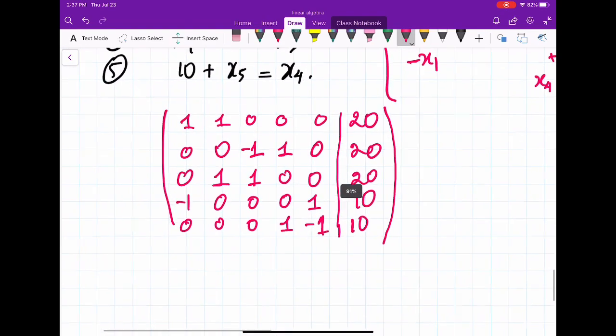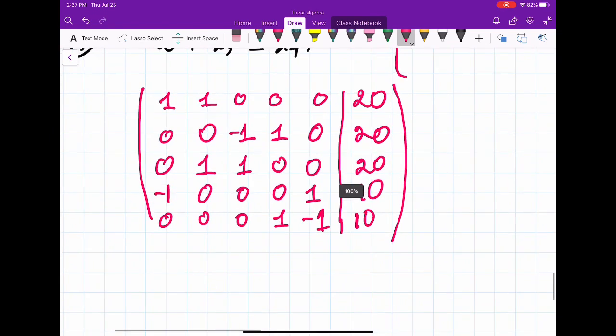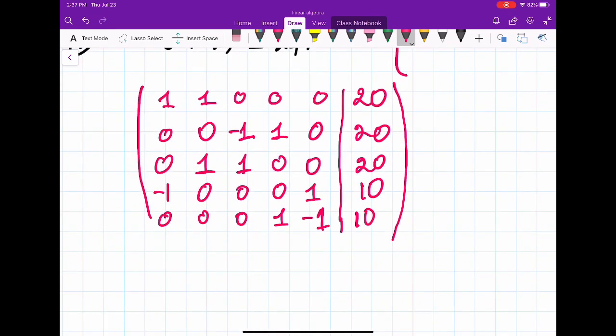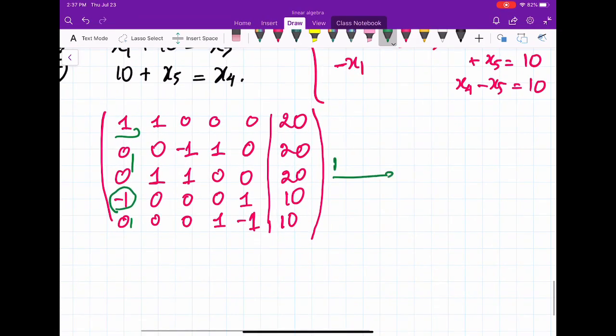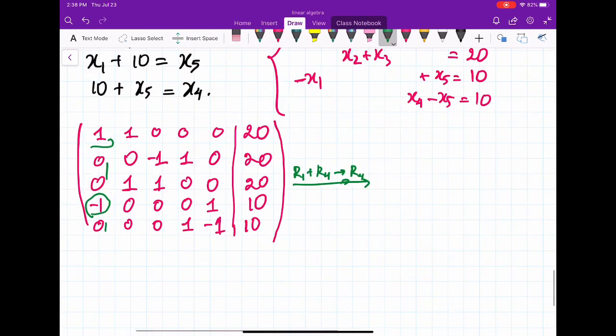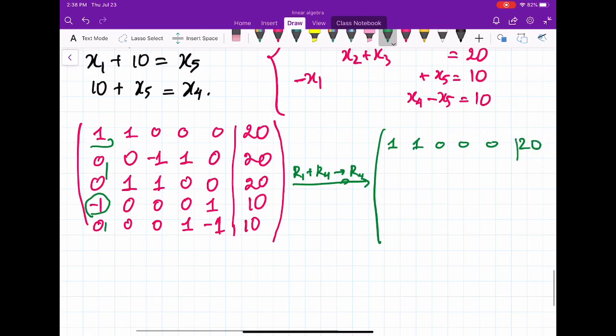Alright, so let's do this. I start from 1 in here. I have 3 zeros in here, which is good. I have only one negative 1. Perfect. And I just need to add the first row to the fourth, right? So I write R1 plus R4 in R4. I just copy the first row, 0, 0, 0 in here, and 20.